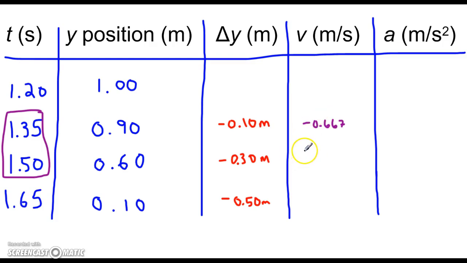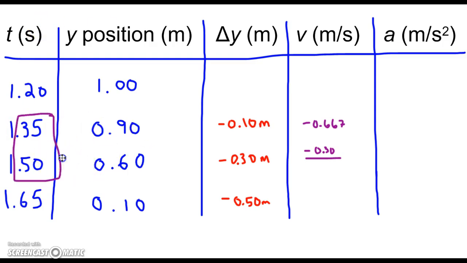Velocity is displacement, which is negative 0.30, divided by the interval of time you considered. To go down 0.30 meters, it took 0.15 seconds. Right, final time minus initial time is 0.15. So that's really easy. That's -2, 30 over 15.